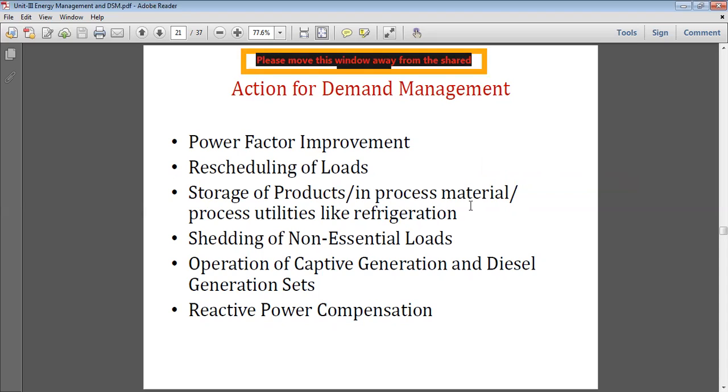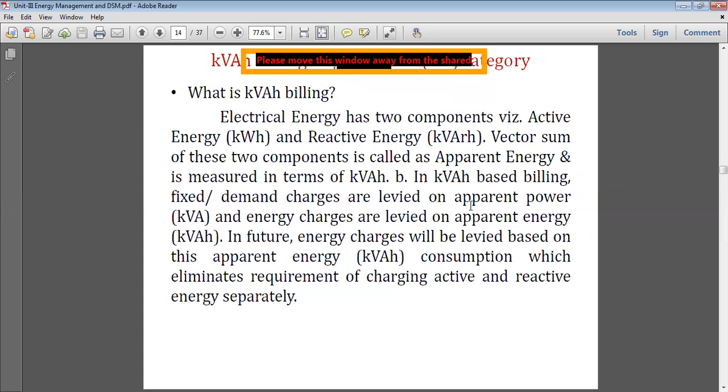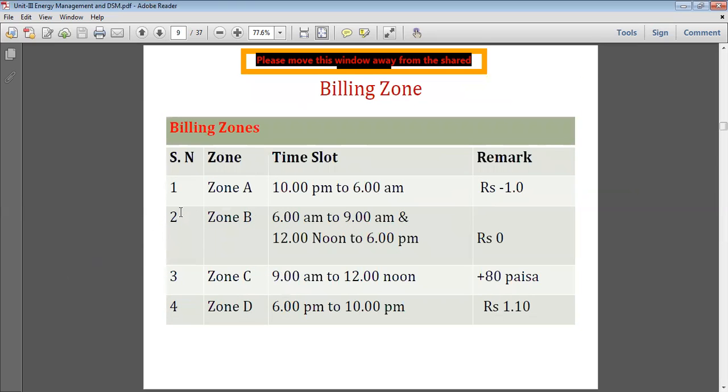So again we will go to this one, so it will become very clear from this ppt. Yes, in this case it is found that from 6 a.m. to 9 and 12 to 6, there is no addition in the basic rate of energy, whereas from morning 9 to 12, plus 80 paisa is added.